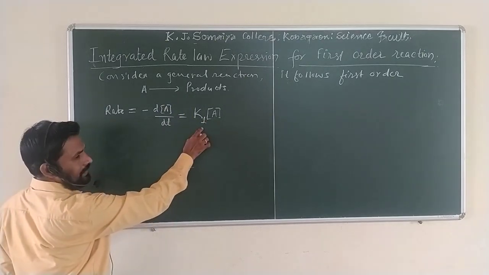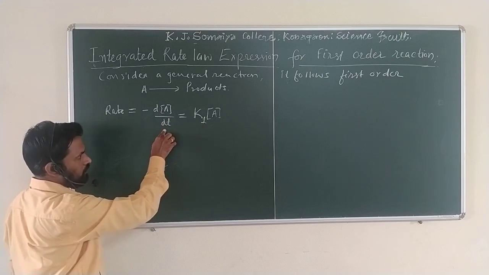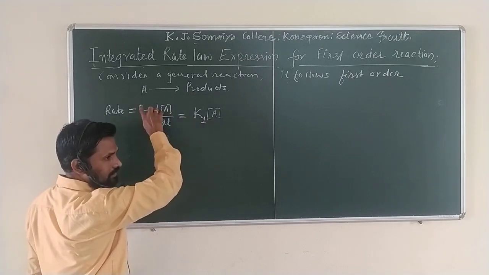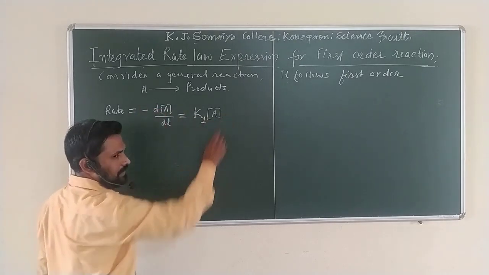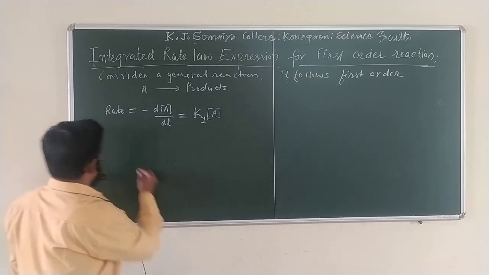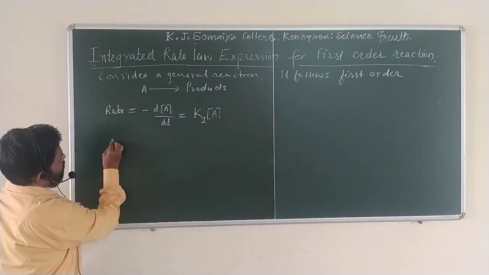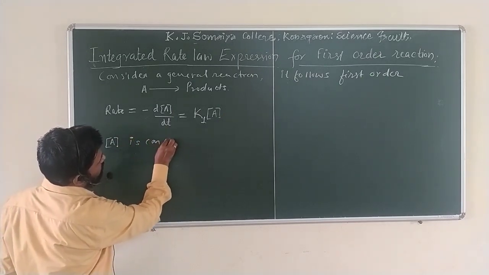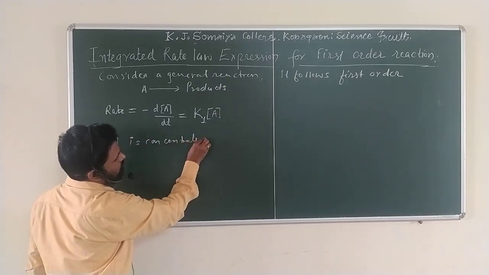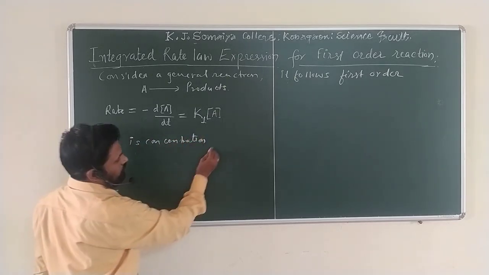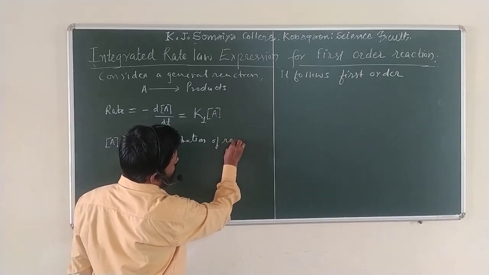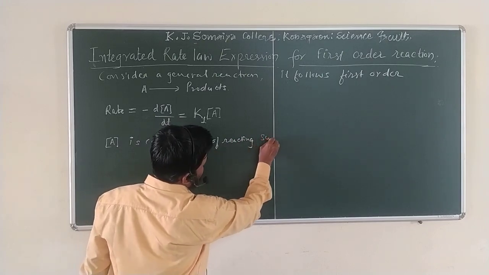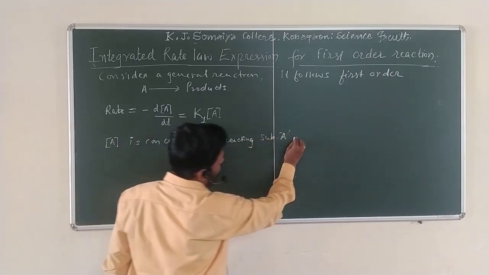I think you have clearly understood. Minus dA upon dt is the differential form, and rate is directly proportional to the concentration of the reacting substance at that instant, according to the rate law. So here I combine both. Let us consider A as the concentration of reacting substance A at time t.